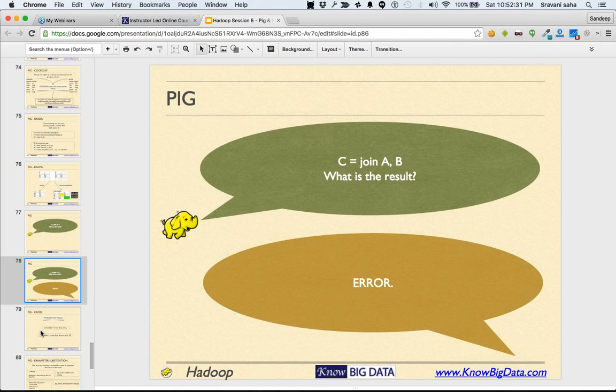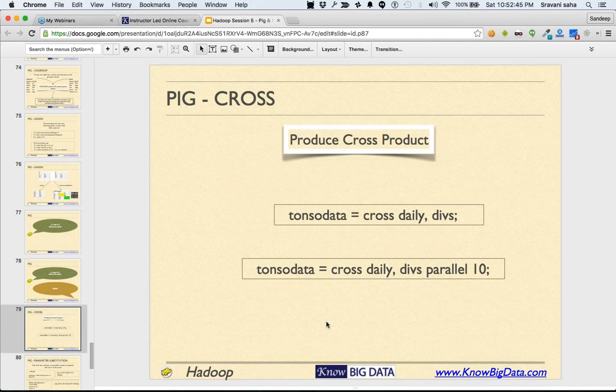Now, if you have to do a cross product of A and B, as in all records of A joined with all records of B, where A has n records and B has m records, the total number of records you want is n into m. Then you go for cross product.